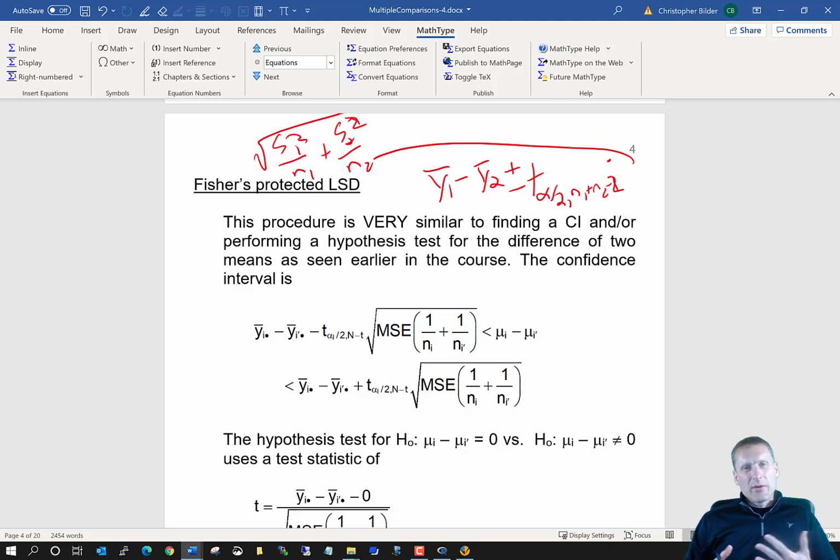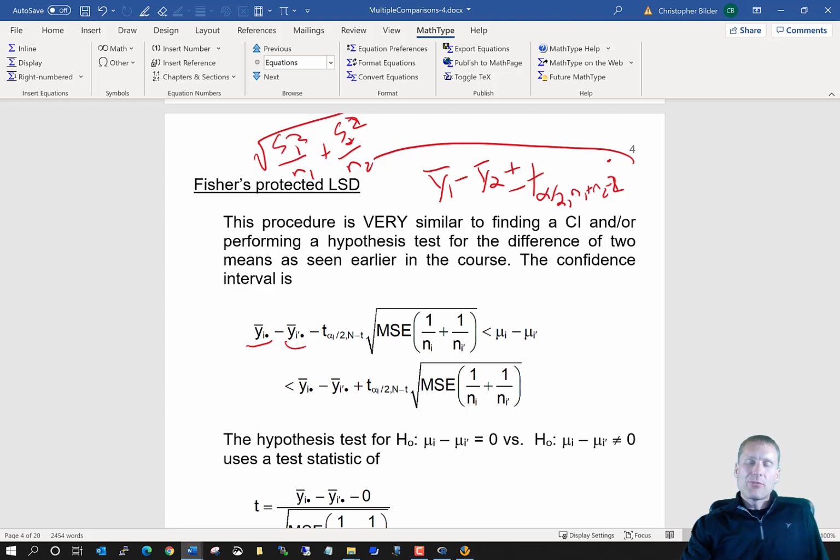We're basically doing the same thing here, but with some minor adjustments. Now my sample means are denoted Y bar I dot, the sample mean for the ith treatment or ith factor level, and Y bar sub I prime dot. The I prime is just meant to say something other than I, so I could be 1 and I prime could be 2.